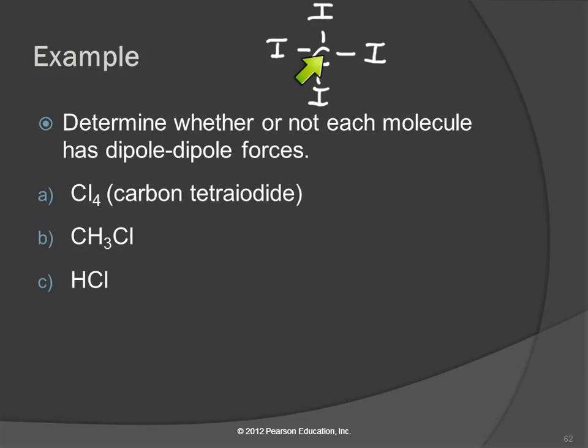We can just look at the central atom with the 4 bonds that we know from the formula and ask ourselves, does that carbon have an octet of electrons? Yes, it does, from the bonds, because each bond is 2 electrons and counts for both atoms. Because it has 4 bonds, the carbon has an octet of electrons. That tells us there are no lone pairs. So that's the first condition, no lone pairs. That one's true. The second condition: are all of these atoms bonded to the central atom identical?